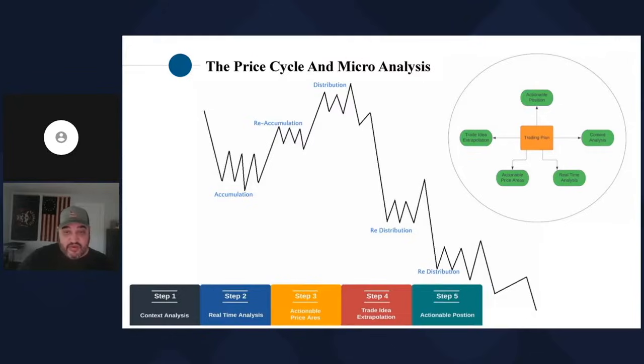So you'll see that the circle has actionable position, context analysis, real-time analysis, actionable price areas, and trade idea extrapolation. They all lead to that trading plan out of that bias that lets us really take ideas with a whole lot of conviction.